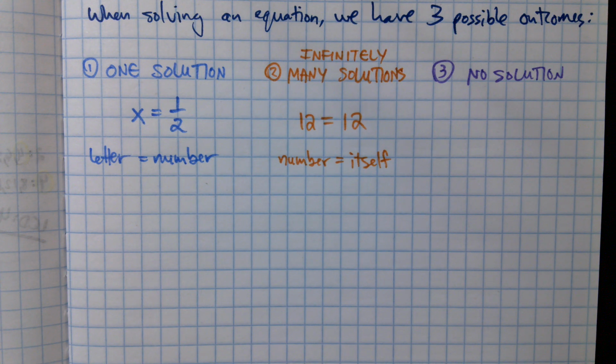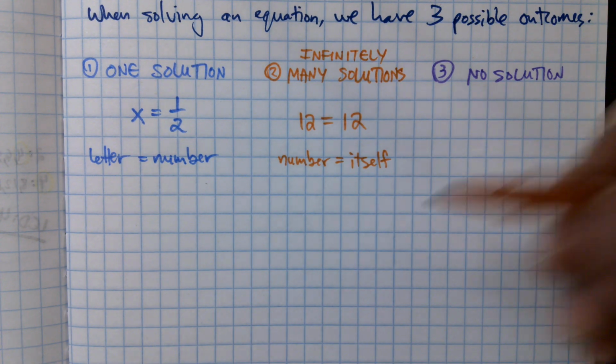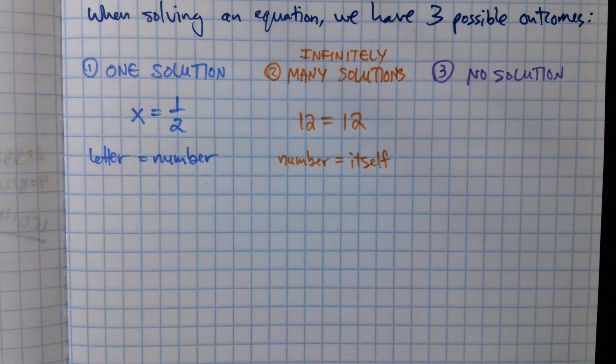What that means is I can plug any number in for the variable, and I'm going to get a true statement when I work it all out. Does 12 equal 12? Yes. That's a true statement. So if I work through everything and I have the same on both sides, I know that that's true. Infinitely many solutions.